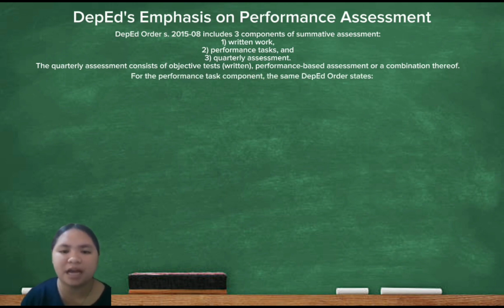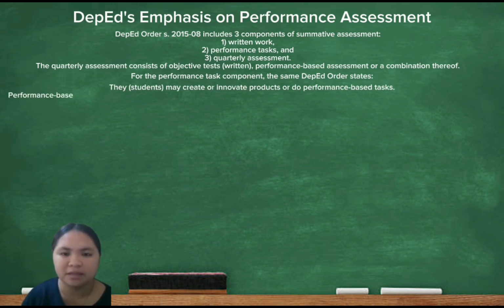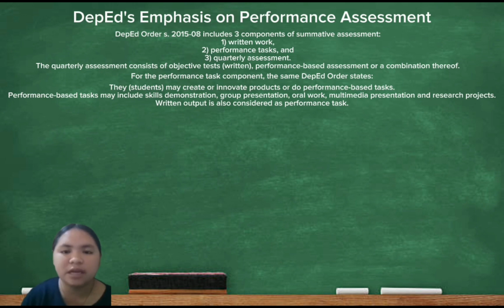For the performance task component, the same DepEd order states that students may create or innovate products or do performance-based tasks. Performance-based tasks may include skills demonstration, group presentation, oral work, multimedia presentation, and research projects.